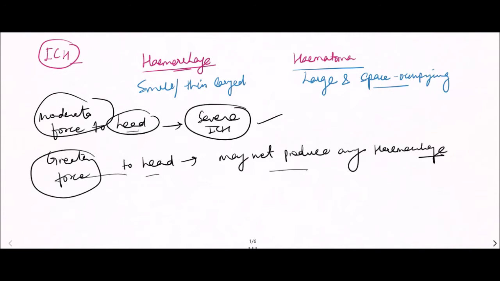Now, the first thing to understand is there are different kinds of intracranial hemorrhages. So first we will discuss the basic anatomy of the skull as well as brain.